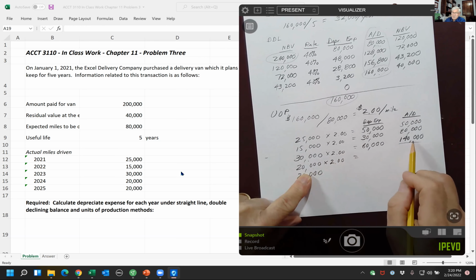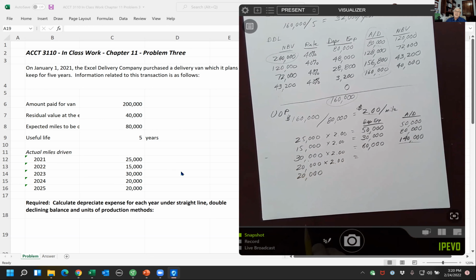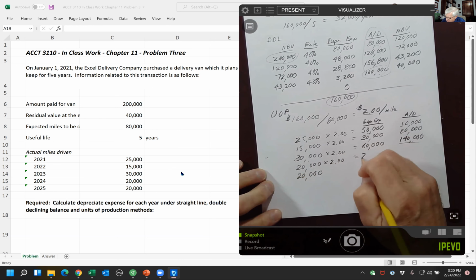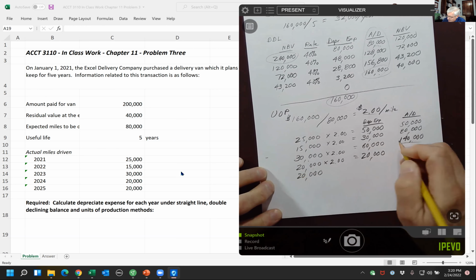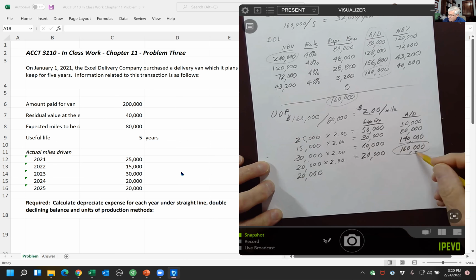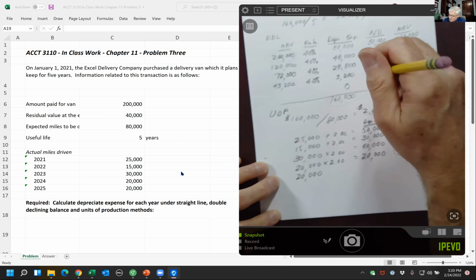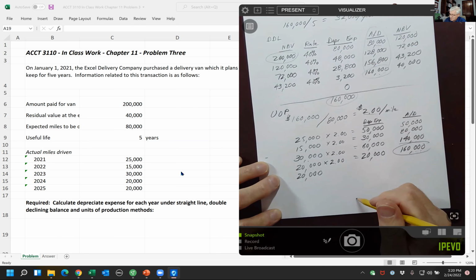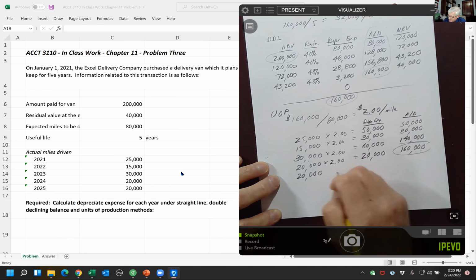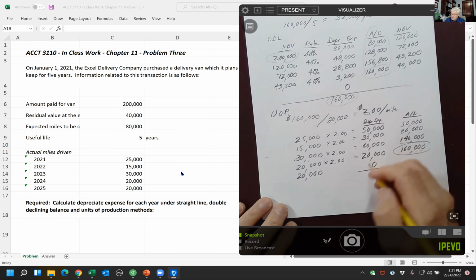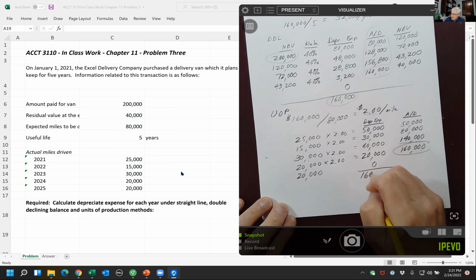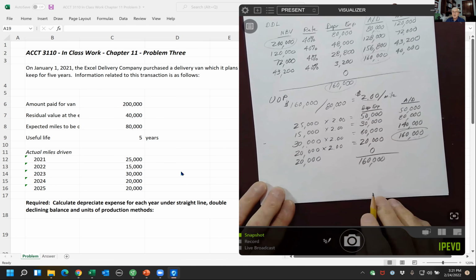But 40,000 is going to put me way over 160. So I've got to stop. I'm capped at 20,000. And I'm done. My net book value now at the end of year 4 is 40,000, which is my residual value. So I'm done. Year 5, just like double declining, 0. Total 160,000 in depreciation expense.